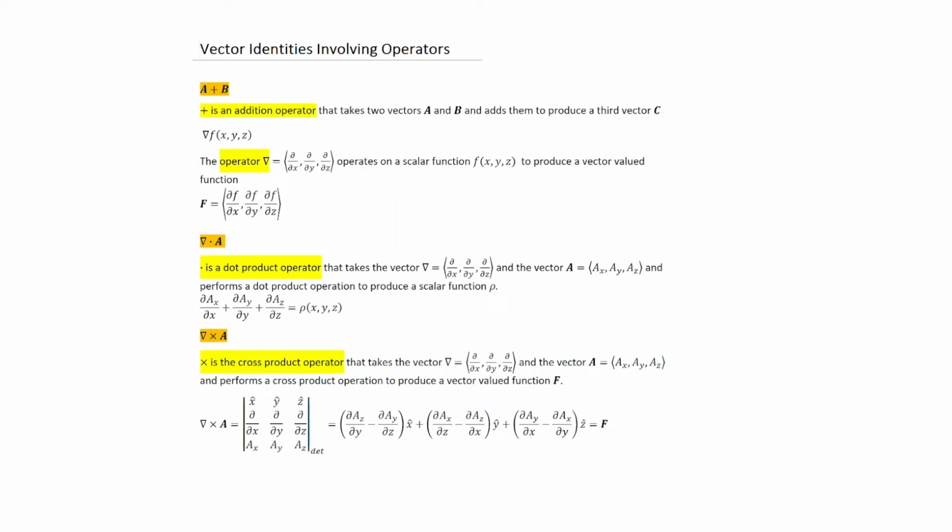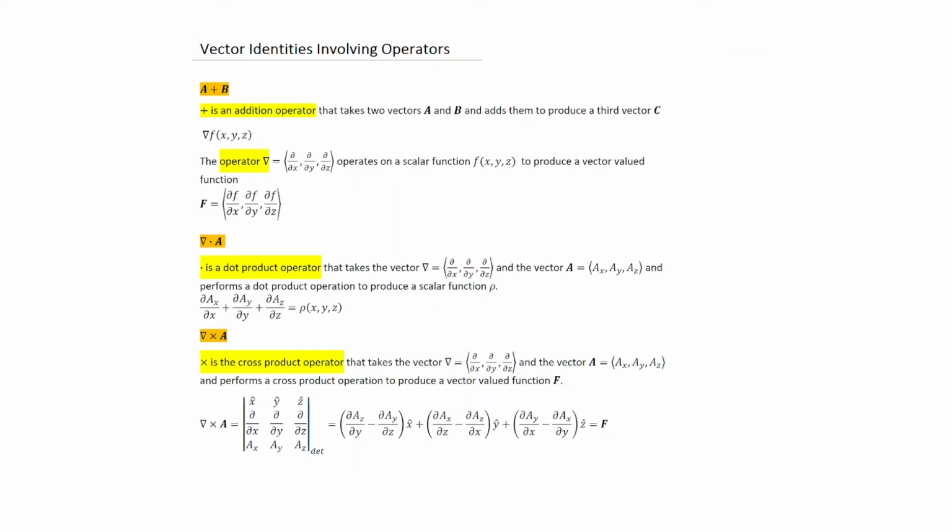So the partial with x operates on Ax, the partial y operates on Ay, and the partial of z operates on Az. And because it's a dot product, you're adding up the results. And so this summed together is a scalar function, and we're going to give it the symbol rho(x, y, z). It tells you basically the magnitude of the source at some given point. Right? And of course, it can vary, or it could be constant, depending on the nature of the problem.